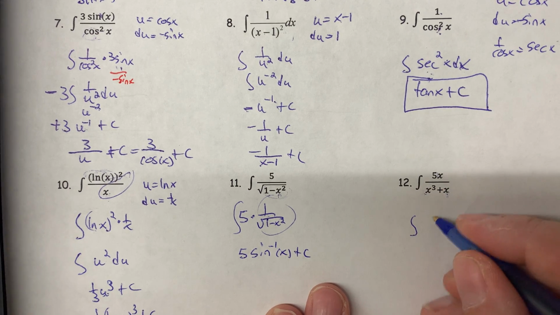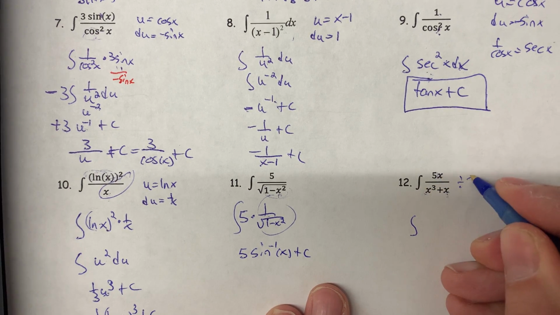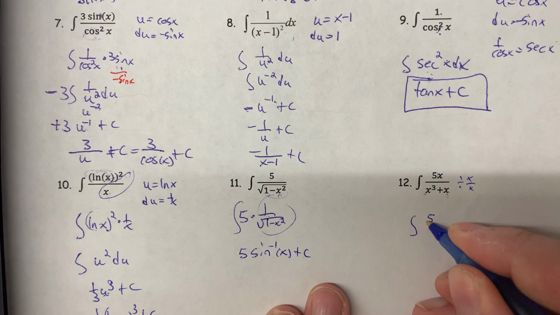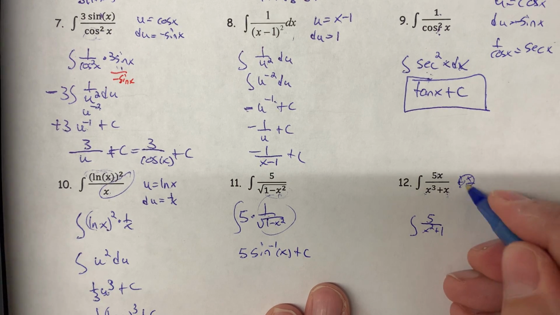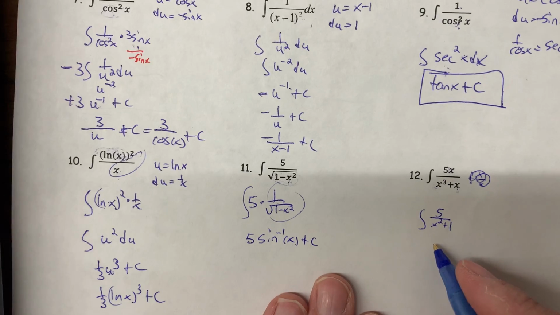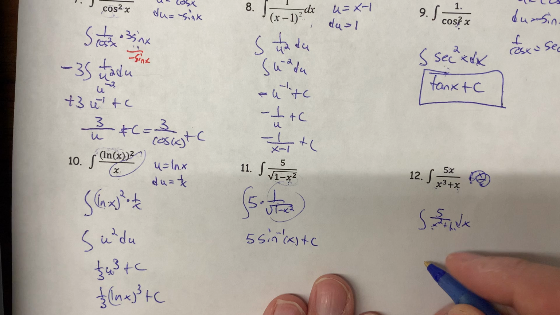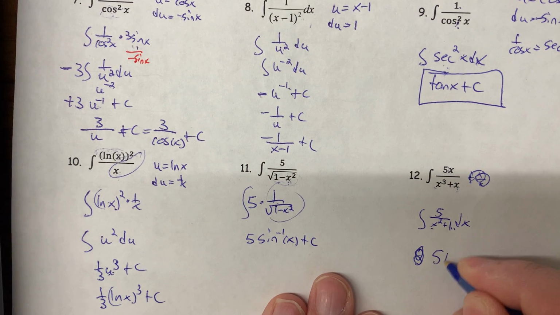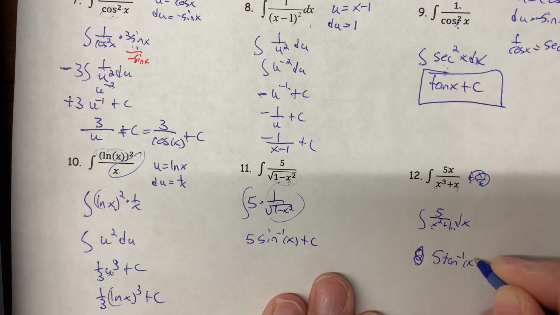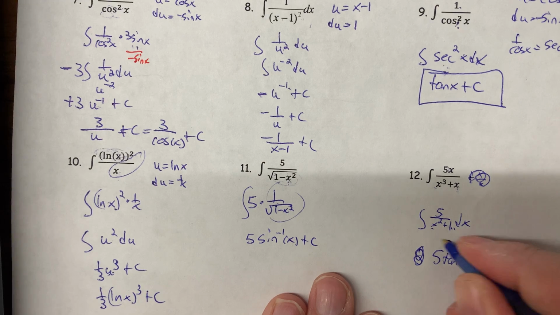So this is the integral of, I'm going to divide everything by x, 5 over x squared plus 1. And now I can see that this is an arctangent because it's x squared plus 1 with a constant on top. So this is 5 arctangent of x plus c.